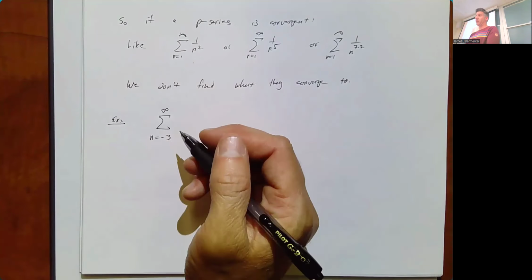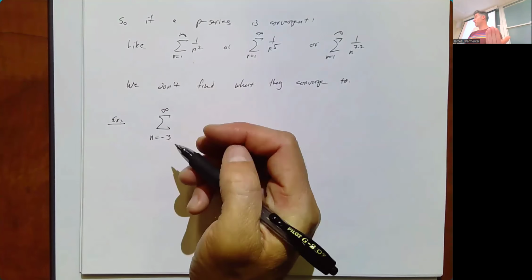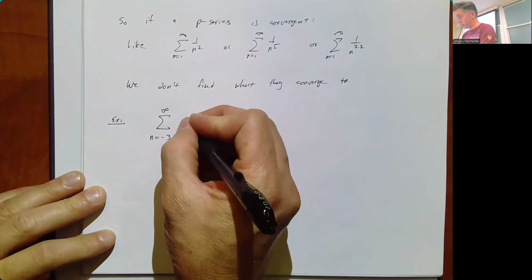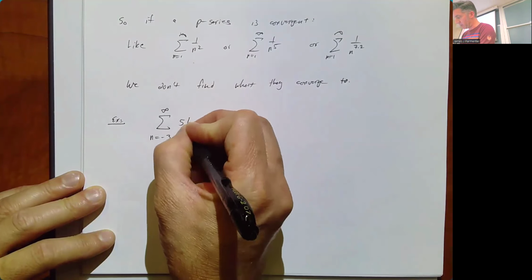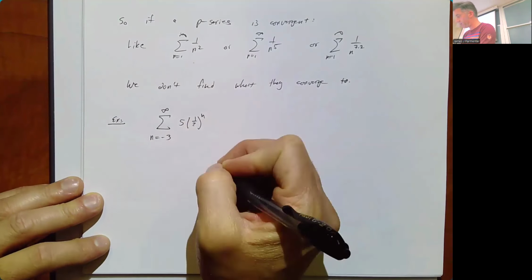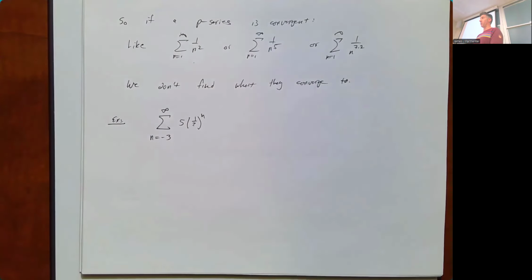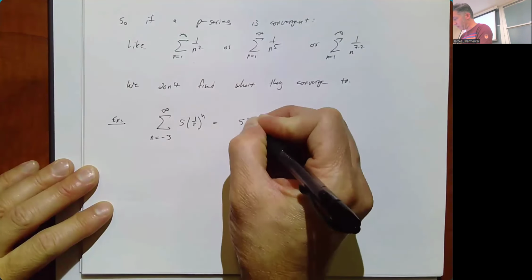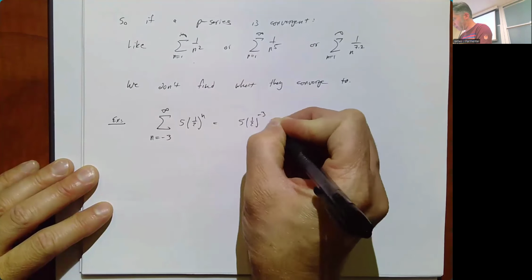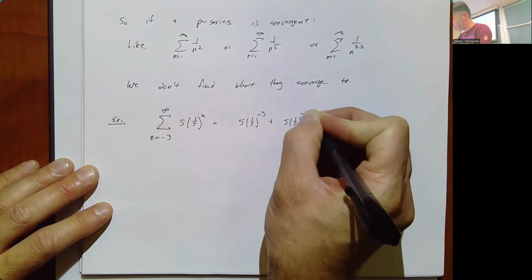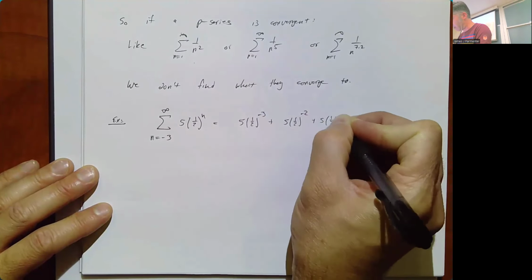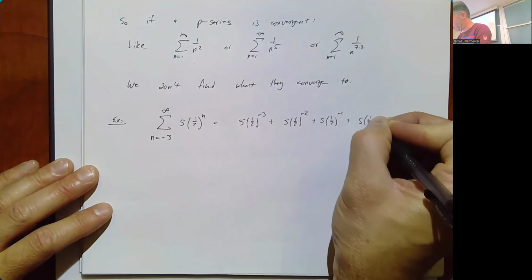I would think of a typical example being a geometric series. If we had, for example, 5 times 1/2 to the nth power, then I'm just starting a little further back than I normally would. That's going to be 5 times 1/2 to the -3rd, plus 5 times 1/2 to the -2nd, plus 5 times 1/2 to the -1st, and so on and so on.